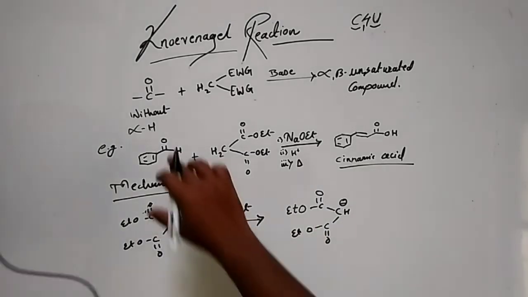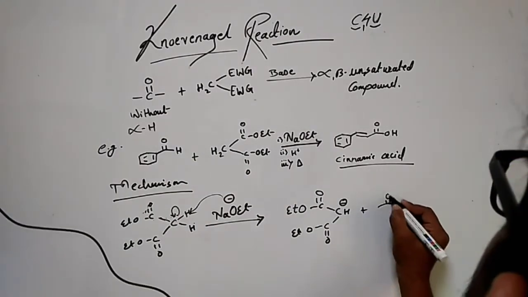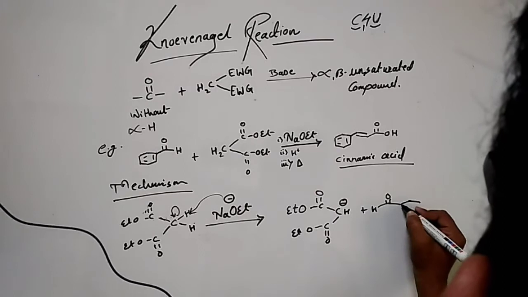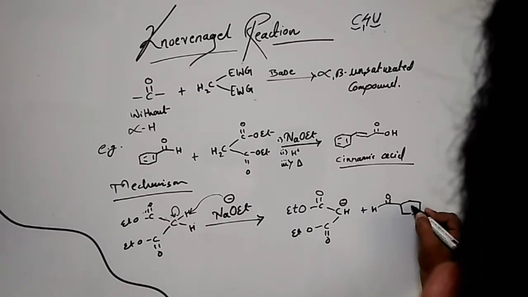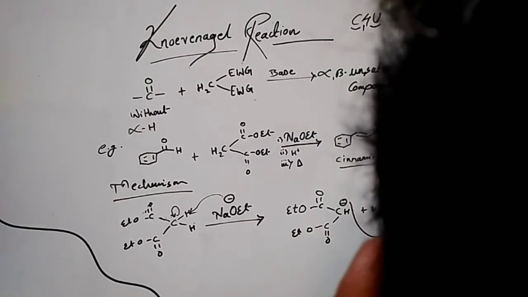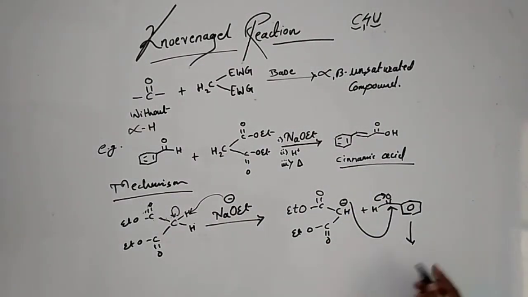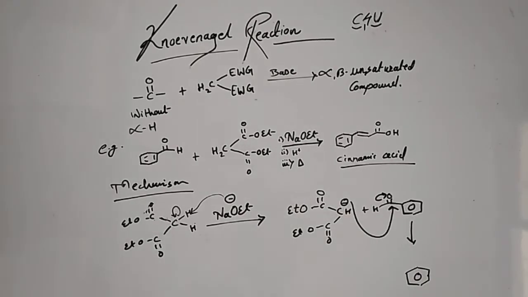You have one electrophile, which is already present in your reaction. So the reaction proceeds with this method. It will attack here. The bond will go up. Now what you have to write is, see, you have your phenyl ring which is totally untouched.